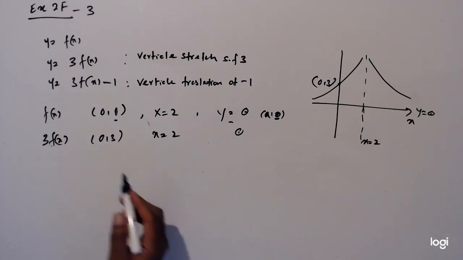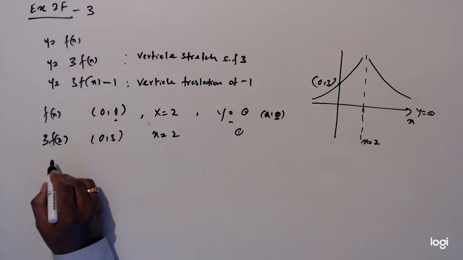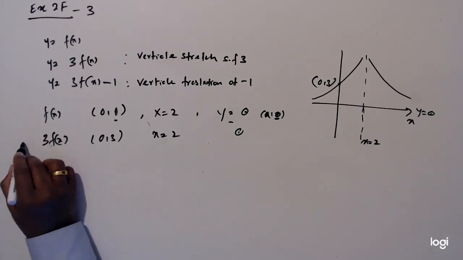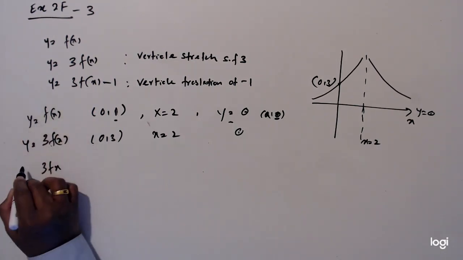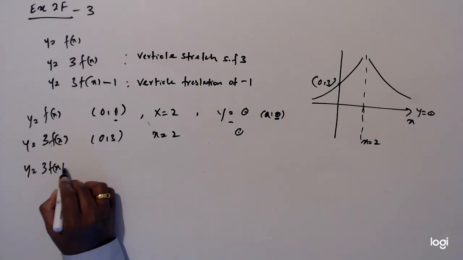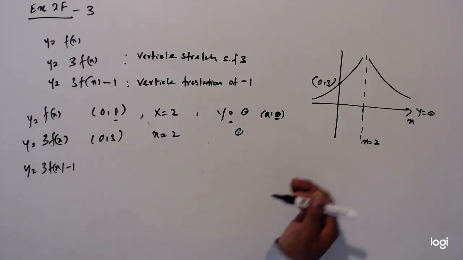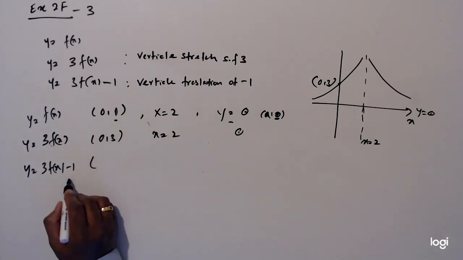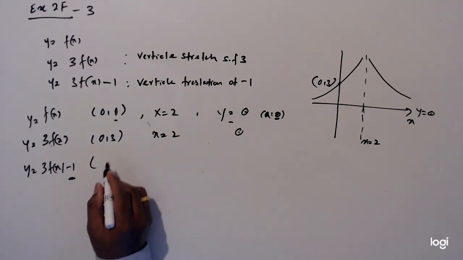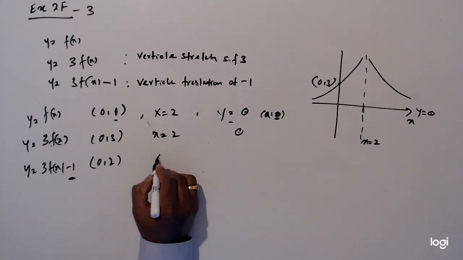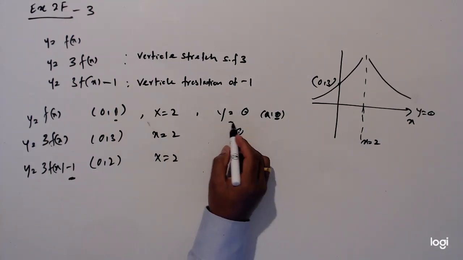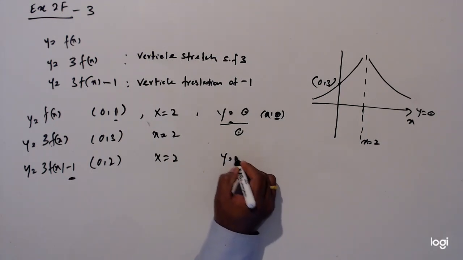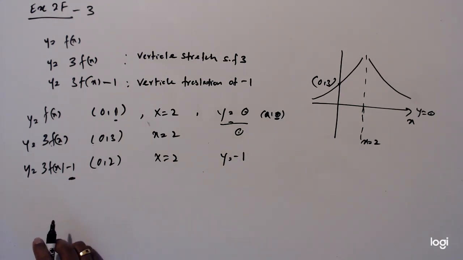And now the translation, y equals 3f(x) minus 1. It means we have to bring everything down by 1. So this is affecting the y value, vertical. So this becomes 2, x equals 2 as it is, and the y equals 0 asymptote becomes y equals minus 1 now.